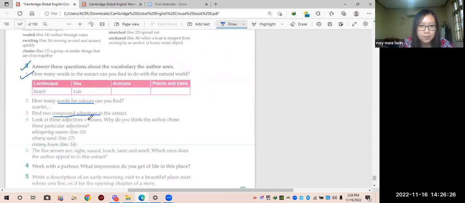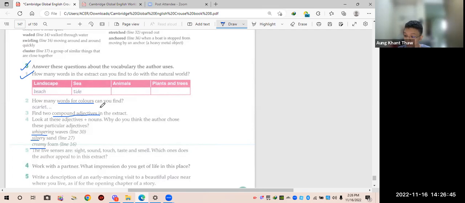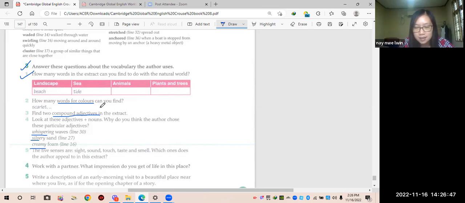So let's move on to number 4. Look at these adjective lists now, and why do you think the author chose these particular adjectives like whispering wave, silvery scent, and creamy foam? So why did he use these words? To give more detailed description.